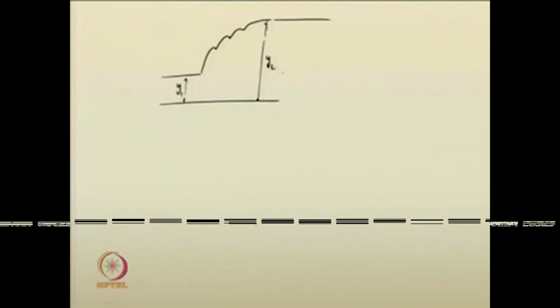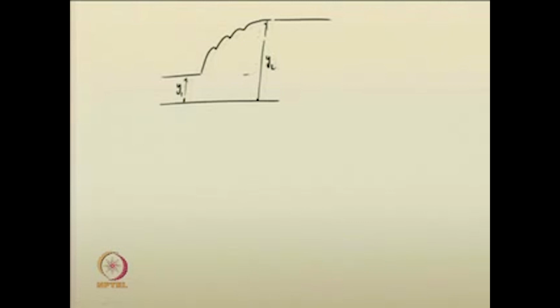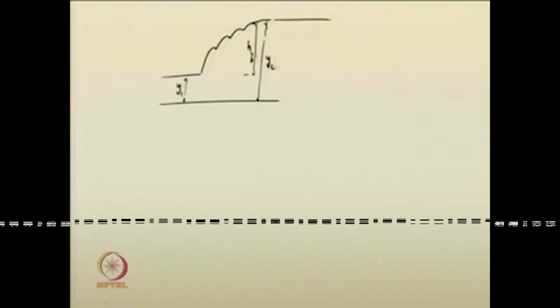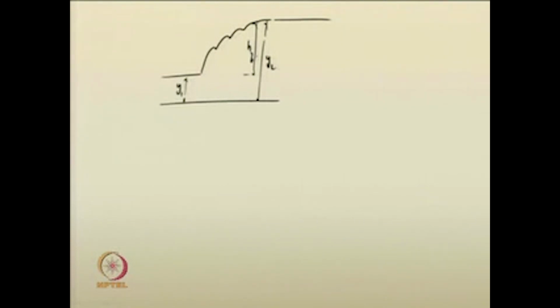As we have seen for a jump, you have the sequent depths y1 and y2. You have the height of the jump, as was given earlier. Now, there are other properties as well.